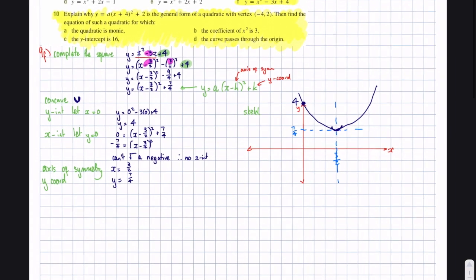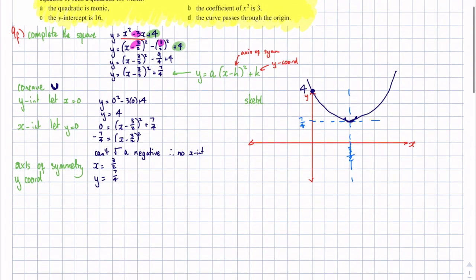Okay, question 10 says, explain why y equals a outside of x plus 4 all squared plus 2 is the general form of quadratic with vertex minus 4 and 2. So let's have a look.